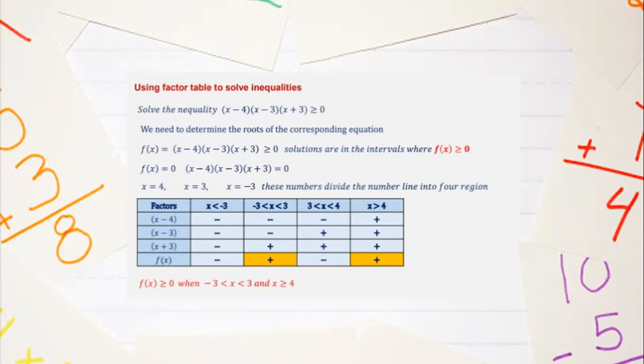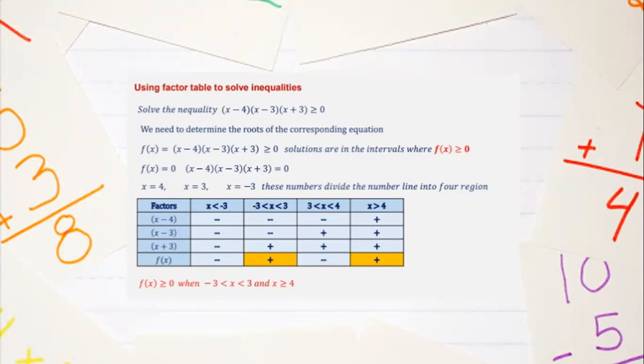And for f(x) with x smaller than minus 3, we get a negative sign again. And then we continue this for minus 3 smaller than x smaller than 3, and 3 smaller than x smaller than 4, and x greater than 4.